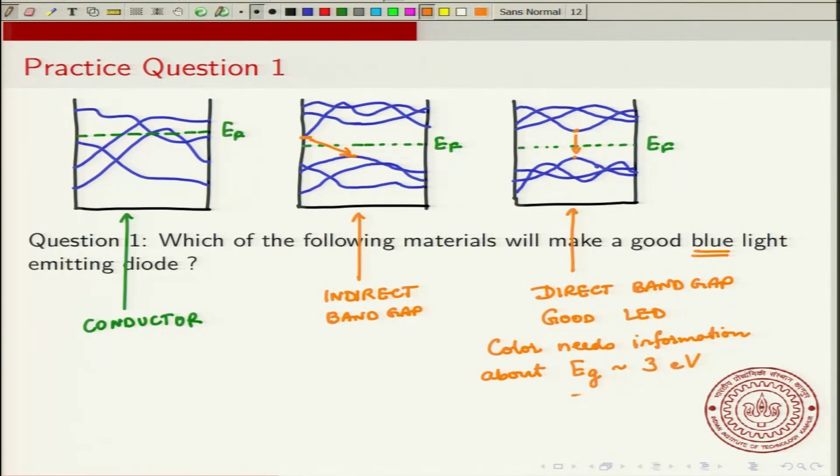If Eg is of the order of 3 electron volts, then we will get a good blue light emitting diode. But in any case, this is the material that will make a good light emitting diode. Whether it is blue or not depends on the exact value of the band gap. So these are the kinds of ways in which you can analyze the band structure and the density of states.